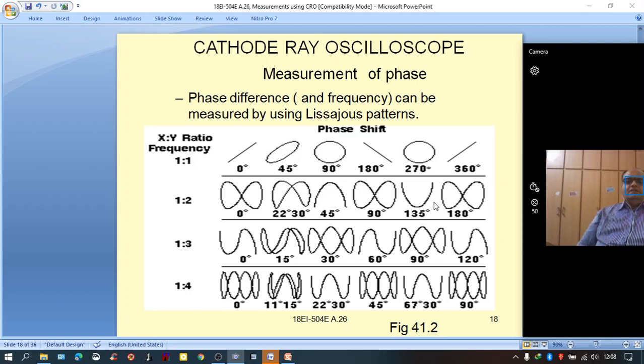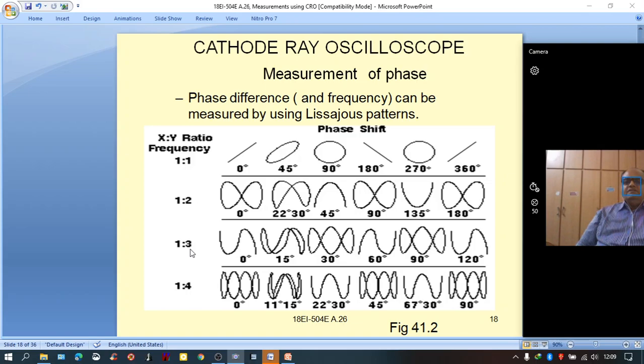Suppose if I draw a straight line horizontally and vertically, then vertically you will get two intersections and horizontally you will get four intersections. So what we have to conclude is the frequency ratio is 2 by 4. That is, horizontal signal is having a frequency which is half of the vertical signal frequency. Our vertical signal frequency is double the frequency of the horizontal frequency.